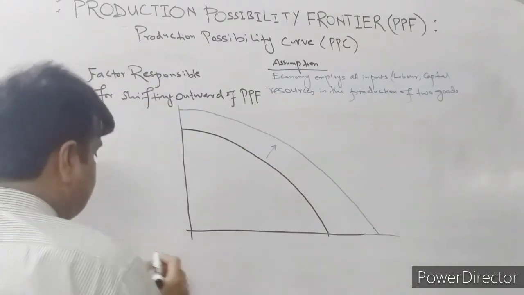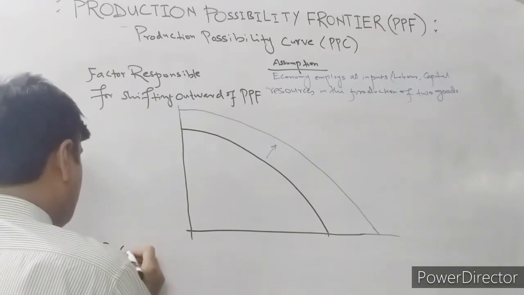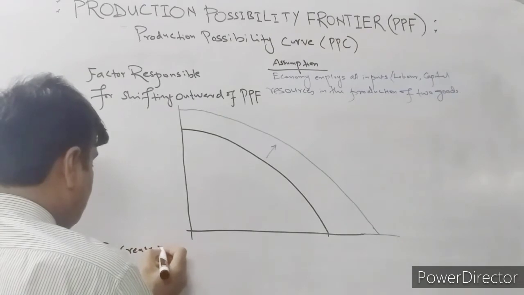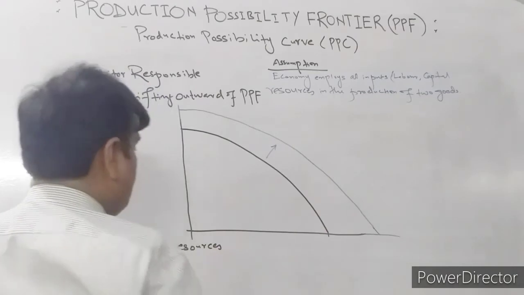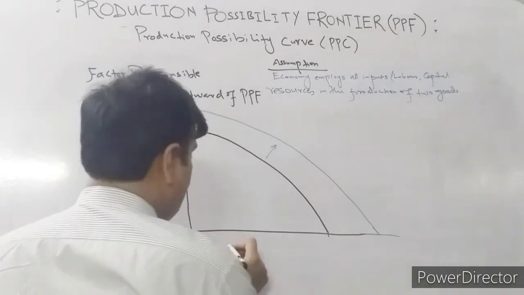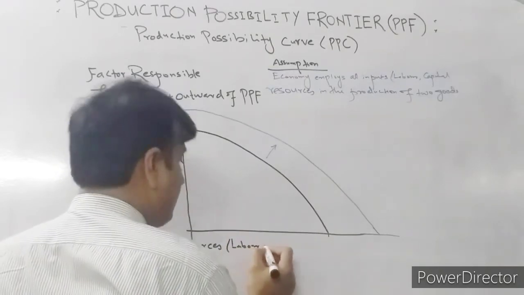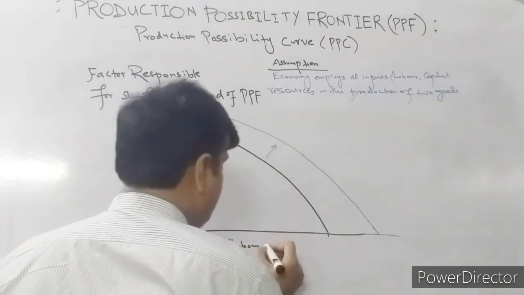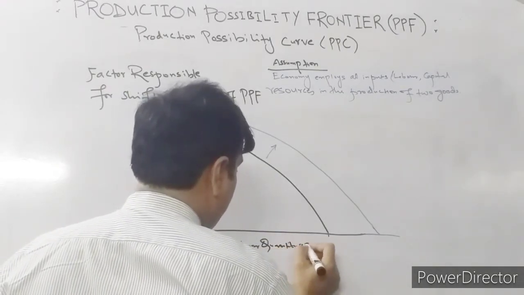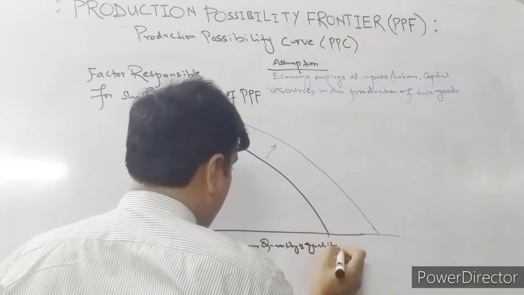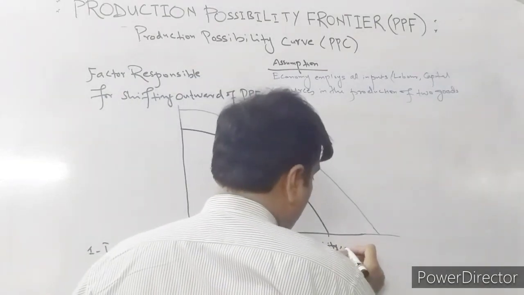Number 1, increase in resources, like increase in labor quantity and efficiency, quantity and quality, increase in supply of capital.